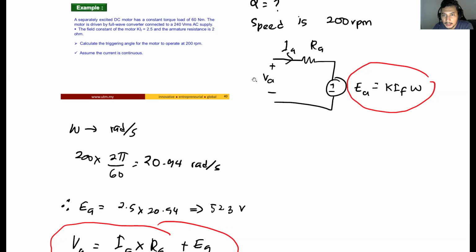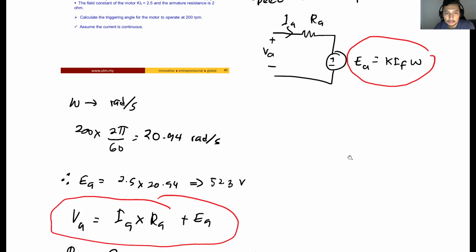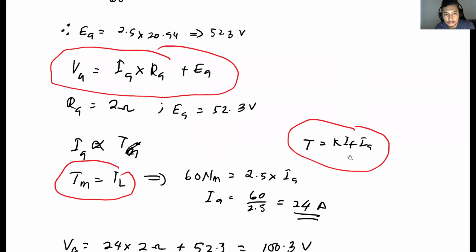So the information for IA can be obtained from the load. Because the motor is now connected with a load that has a constant torque of 60 Newton meter, the motor must produce the same torque as the load. So the torque produced by the motor is also 60 Newton meter.